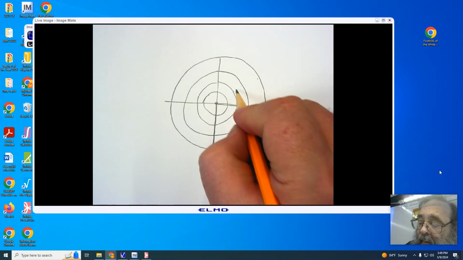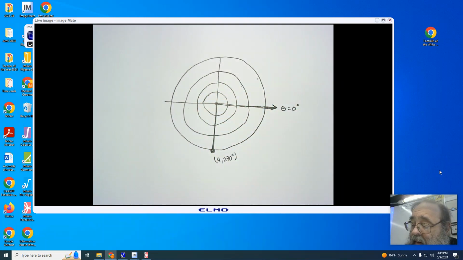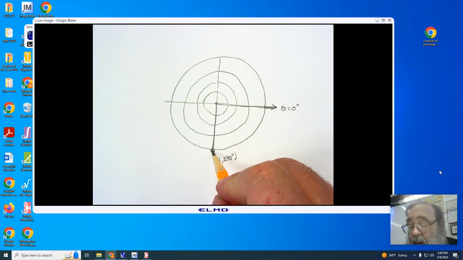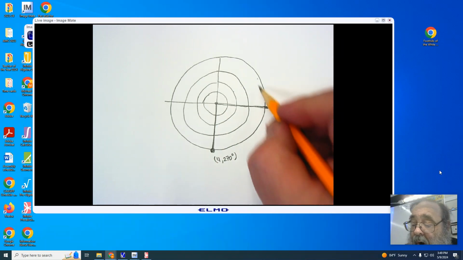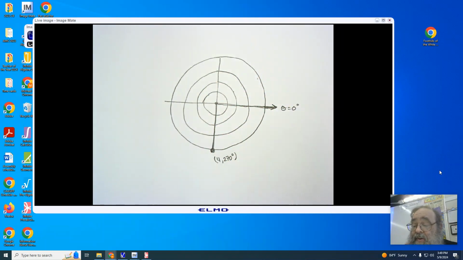We go counterclockwise around until we reach 270, and then we find our length of 4. Because we have a length of 4 and the terminal side has gone through 270 degrees, it identifies the location of the point.